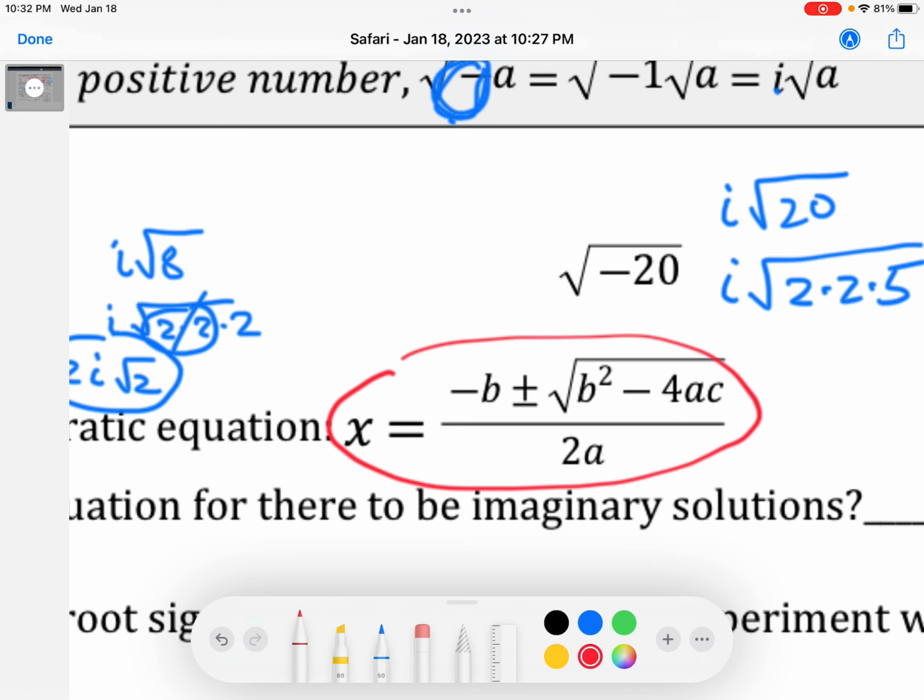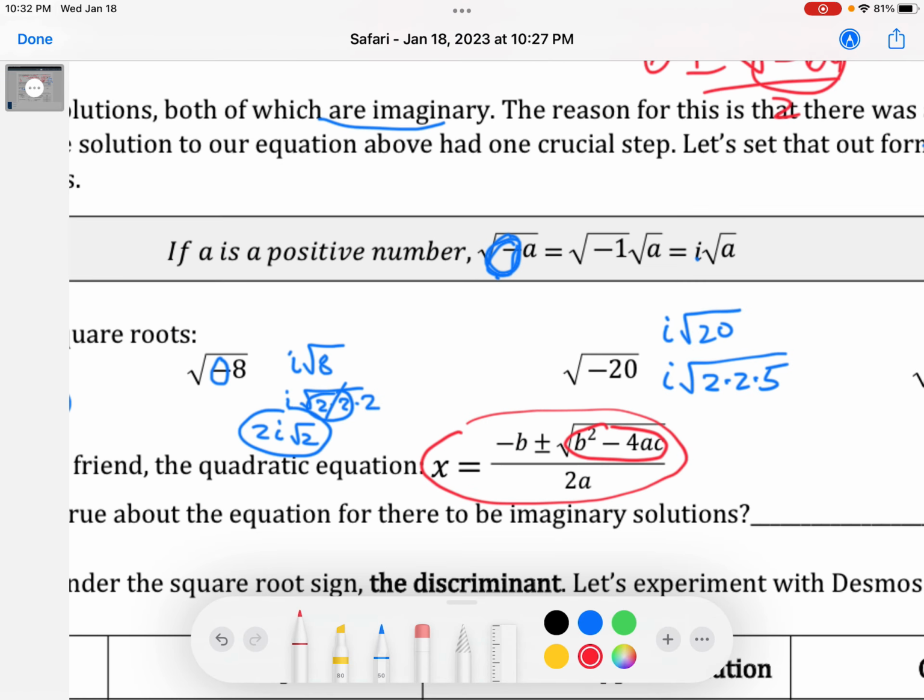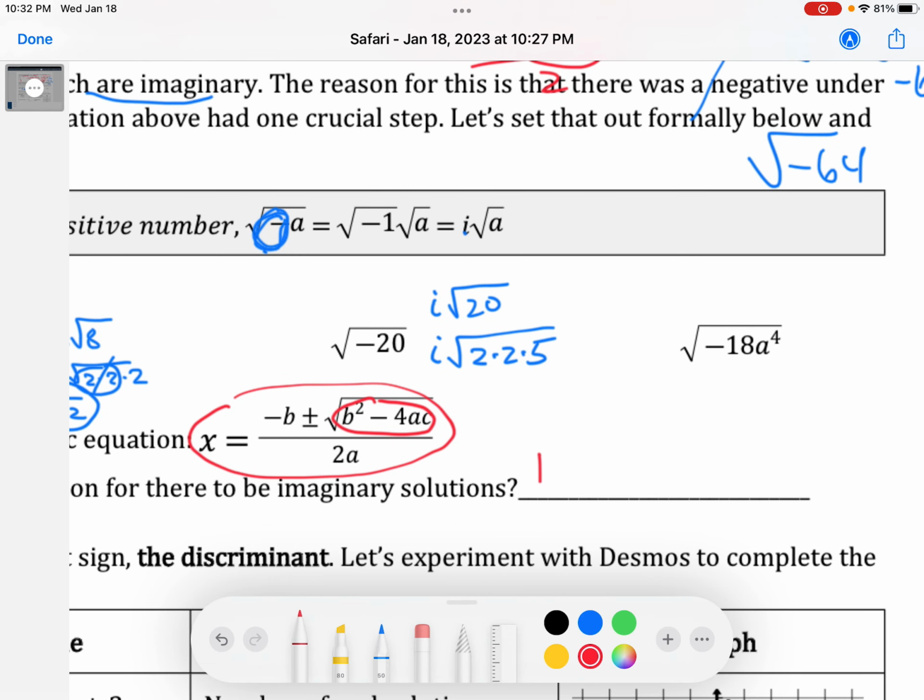So what would have to be true about the equation for there to be imaginary numbers, for there to be imaginary solutions? Yeah, to get imaginary solutions, this part, the part under the square root sign, would have to be negative. So to get something imaginary, just that part of it, b squared minus 4ac, is negative.